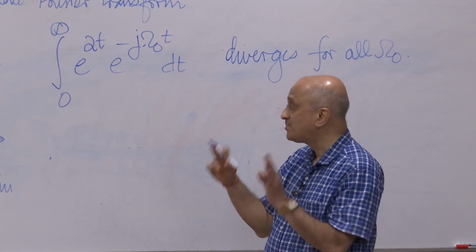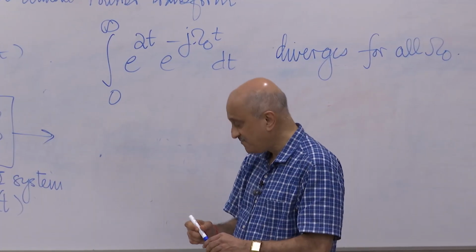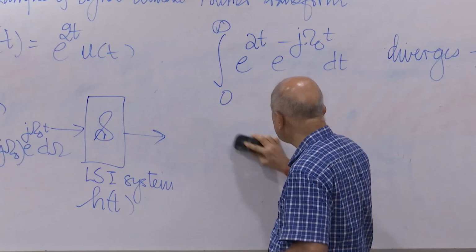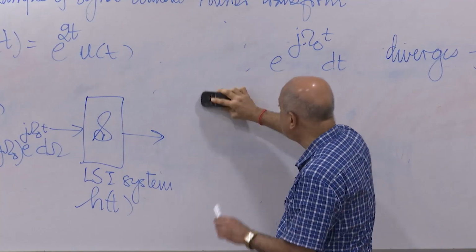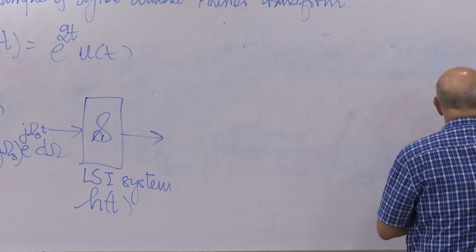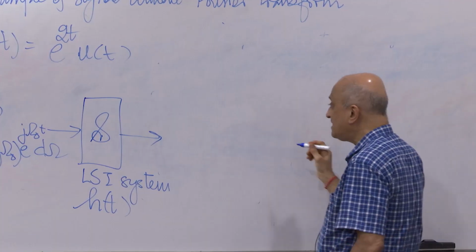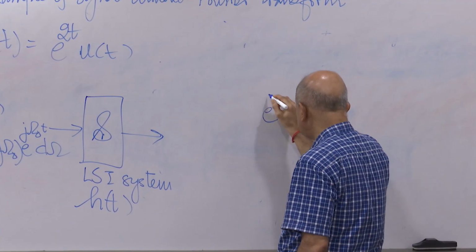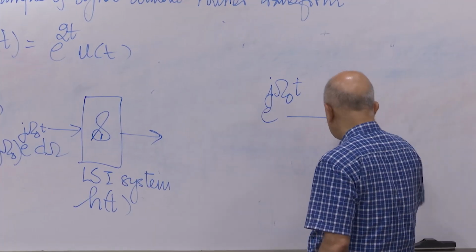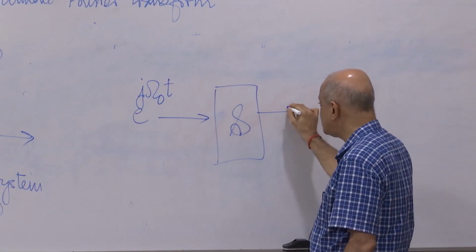Let's invoke the principle of superposition as it would apply for the linear shift invariant system. So, let's take what happens when we apply one particular e raised to the power j omega naught t. You apply e raised to the power j omega naught t to the system, what emerges?